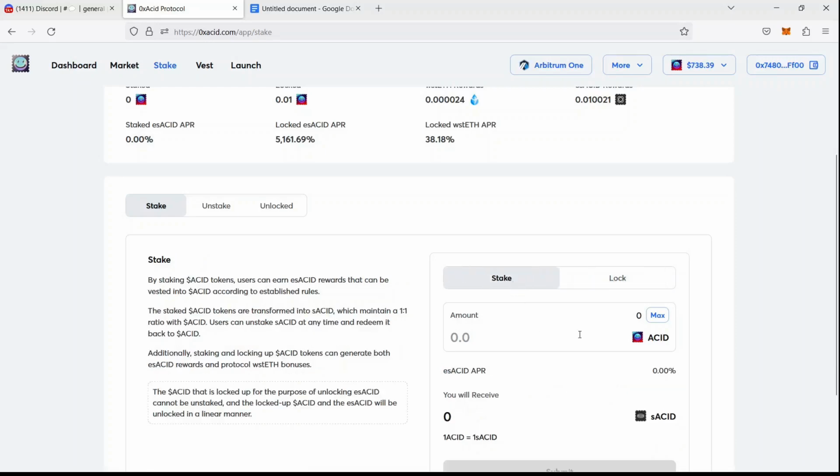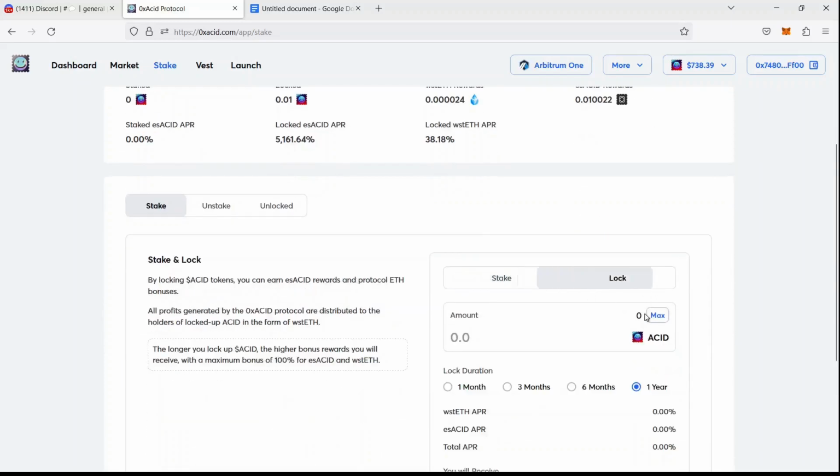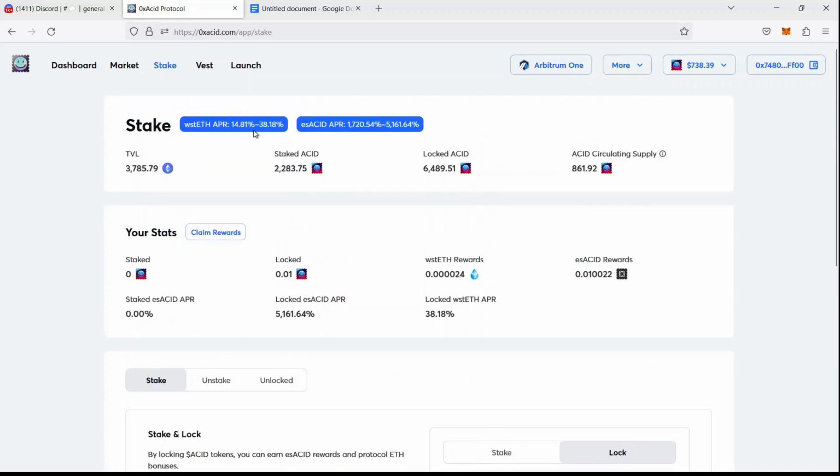All right, by staking ACID, you will be eligible to earn emissions in ES asset. And by locking your asset, you will get ES asset emissions plus wrapped liquid stake ETH.